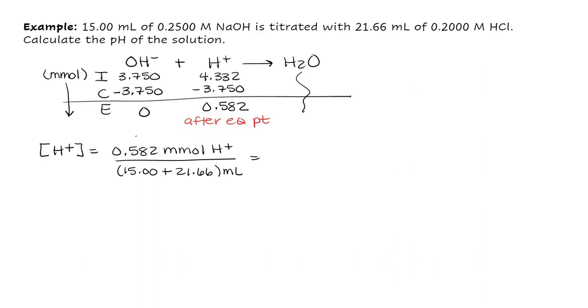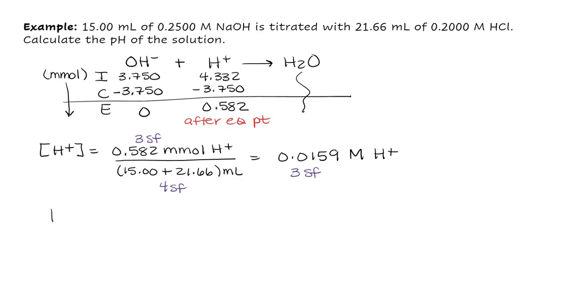For our sig figs, we have 3 sig figs in the numerator, 4 sig figs in the denominator, so our molarity will be rounded to 3 sig figs. Doing the math, we have 0.582 divided by 36.66 milliliters, rounded to 3 sig figs, gives us 0.0159 molar H+.